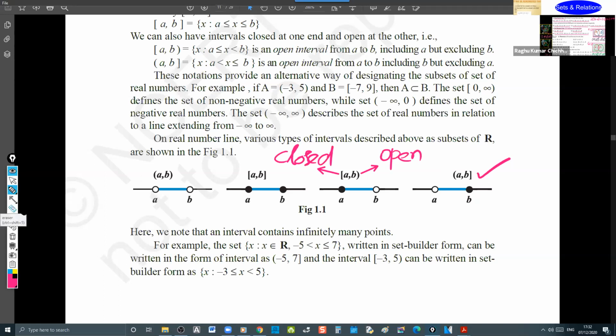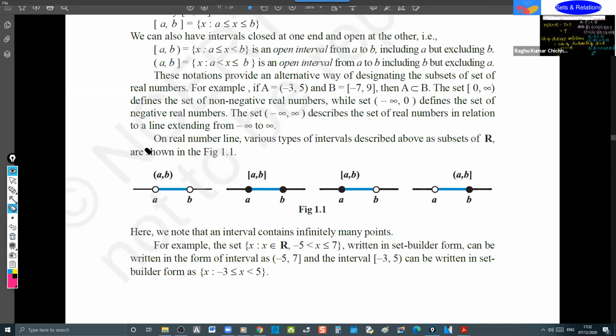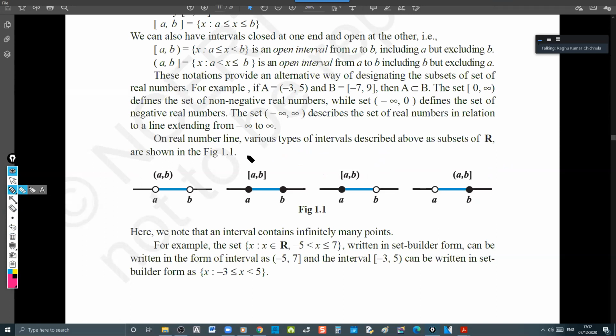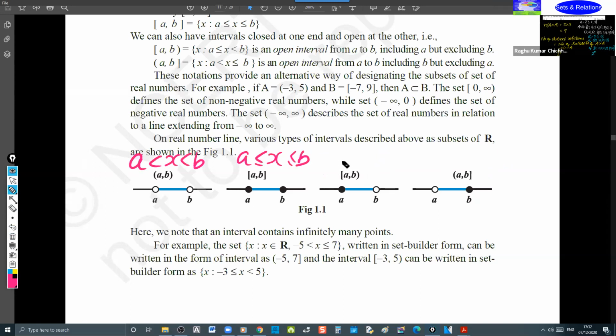If I write like this, you'll better understand. Just listen carefully, both of you. A less than X less than B. A less than or equal to X less than or equal to B. A less than or equal to X less than B. A less than X less than or equal to B. Now it is clear.